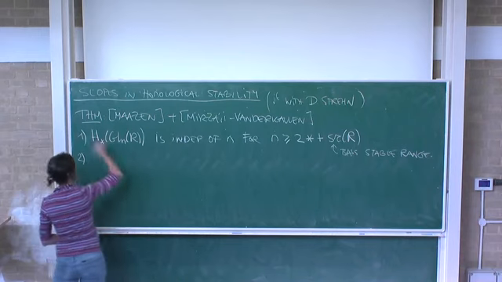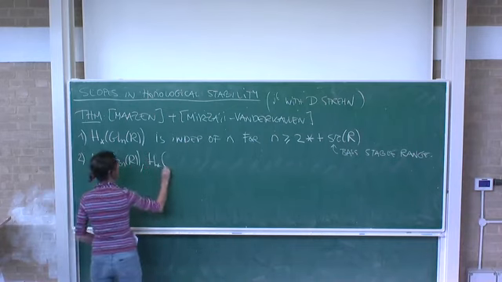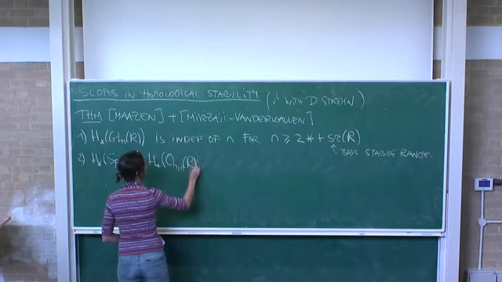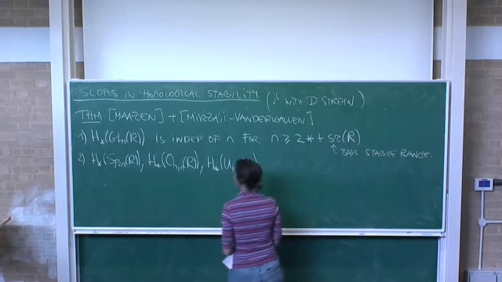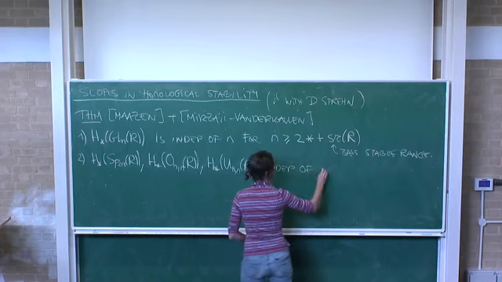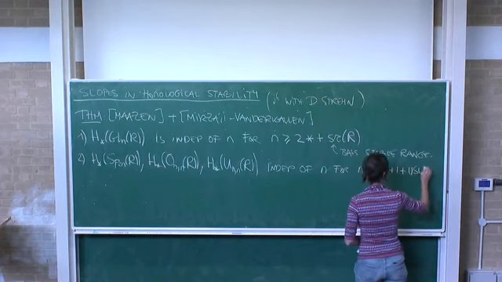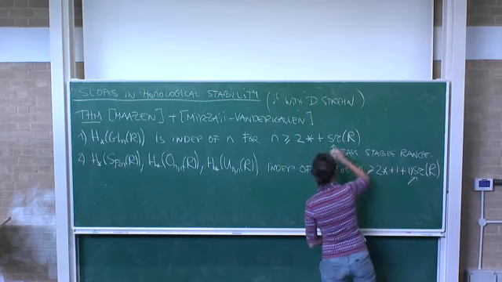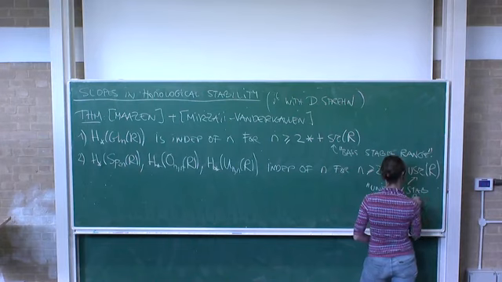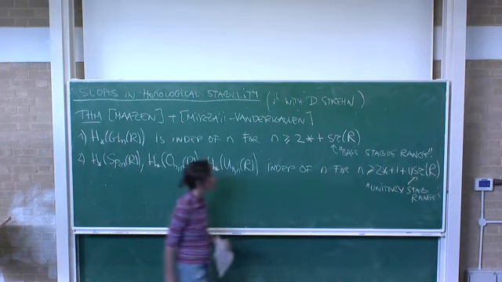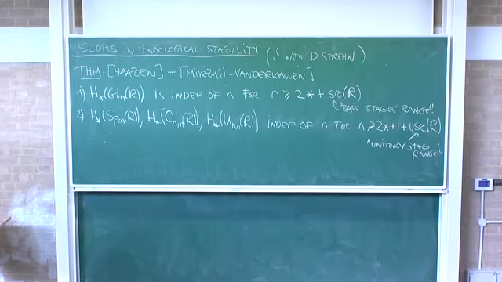And there's a statement, so this is Mazen, and then there's homology of SP2N R, homology of ONN R, and homology of UNN R, which is also independent of N, or N at least 2 star plus 1 plus something called USR of R. I haven't told you much about this unitary stability, which is some other invariant of R, and here the ring would have an involution for defining unitary groups.